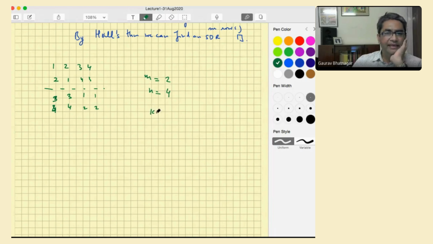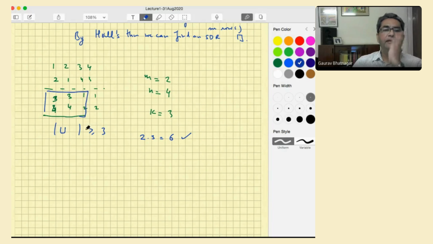And let's take k equal to 3. So let's take these 3 guys. We want to show that the union of these 3 guys has to be bigger than 3. The total he's saying is n minus m, which is 2, times 3, so there are a total of 6 elements, counting repetitions, right?